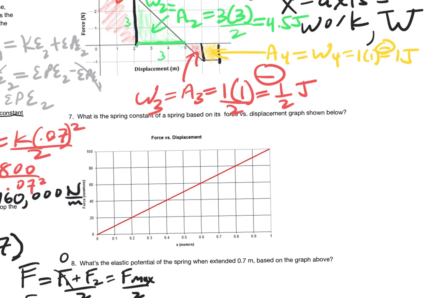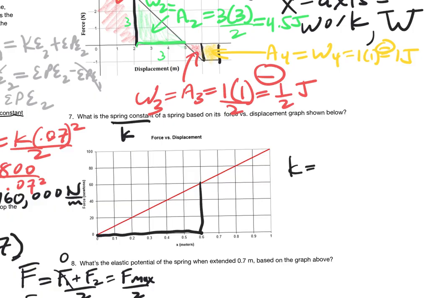Okay, this one is like our lab we just did. What's the spring constant of a spring based on its force versus displacement graph? Okay, that's K, and that's simply the slope of the curve. We could do the whole graph if you want. That'd probably be easier, but I'll just pick that. K is the slope.